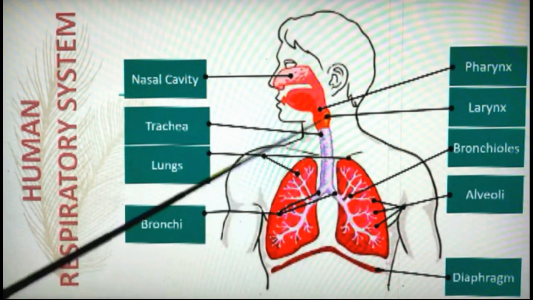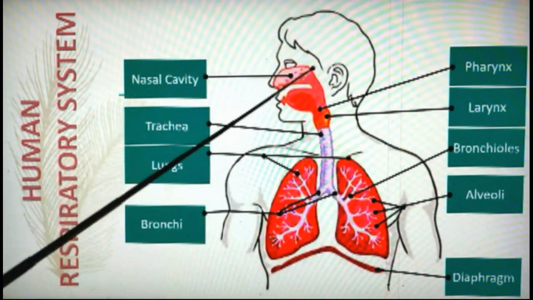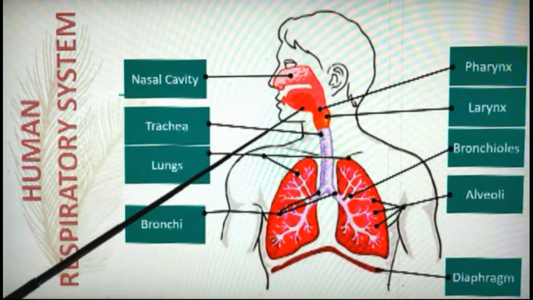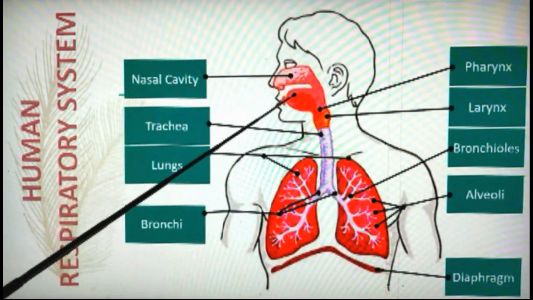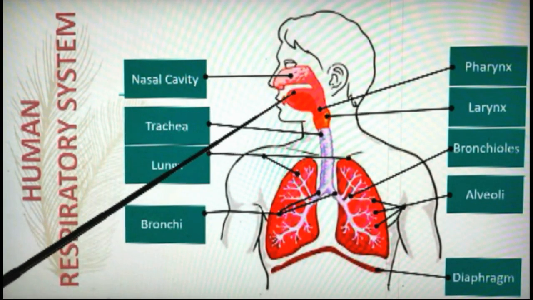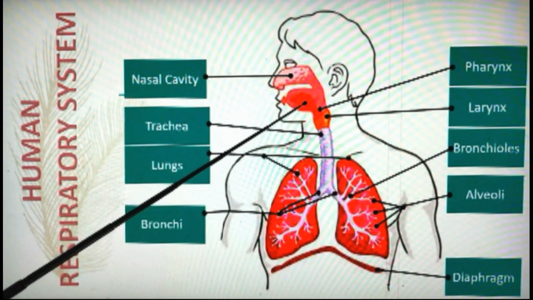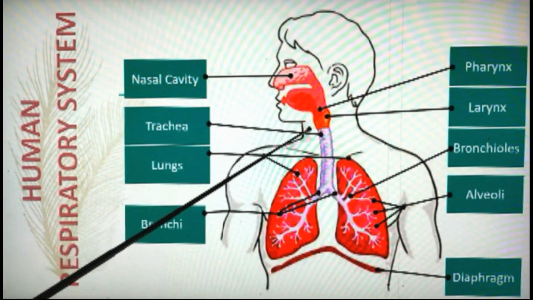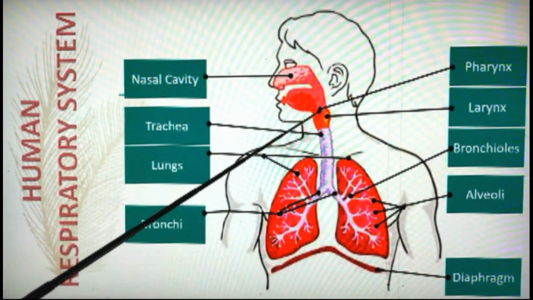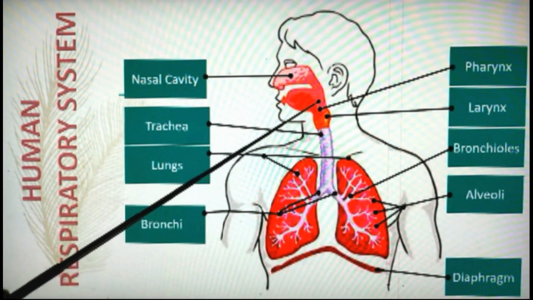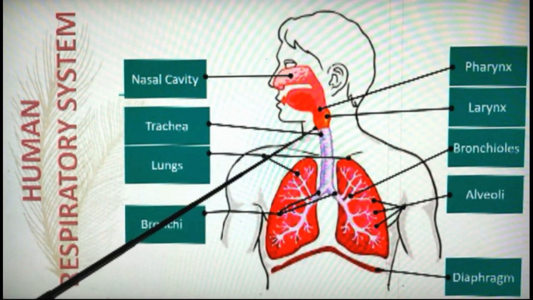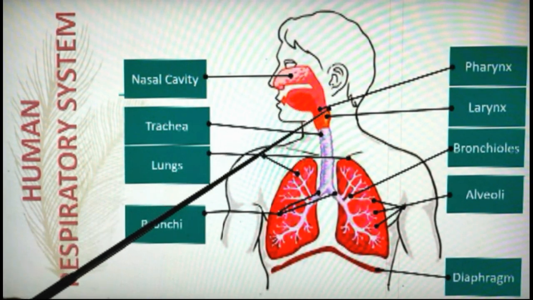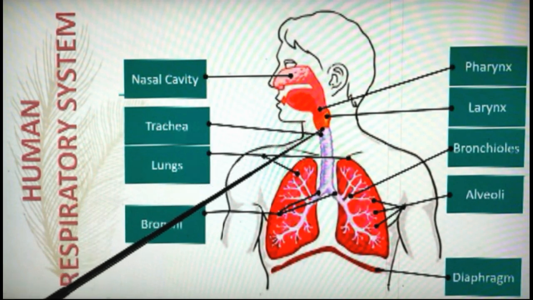So in the pharynx, an opening is there known as the glottis. That glottis gets covered by a flap of tissue known as the epiglottis, and when we swallow food, the glottis gets covered by the epiglottis, and the food passes through the food pipe, and through the glottis the air enters into the larynx.